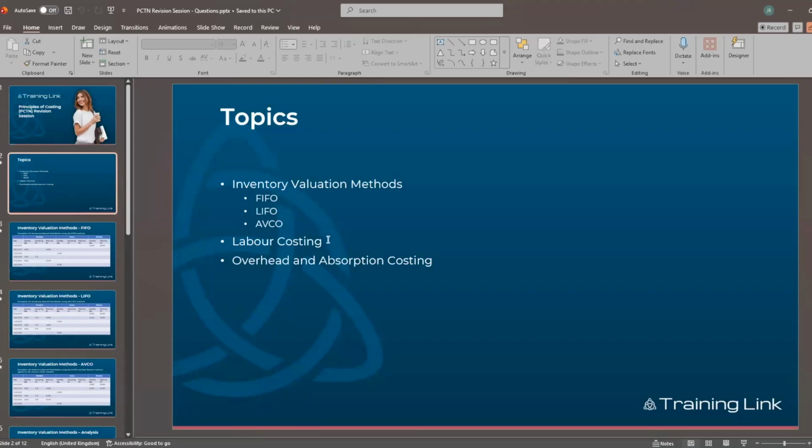We're then going to look at some labour costing, paying specific attention to the difference between overtime and overtime premium, because that's something that tends to come up quite a bit. And then finally, we'll wrap up and look at overhead and absorption costing, in a bit more detail about what that actually means and some of the questions that we can expect to see in the exam.